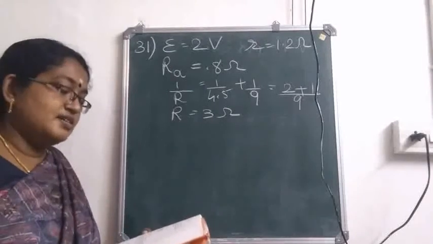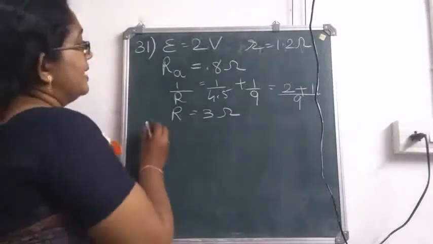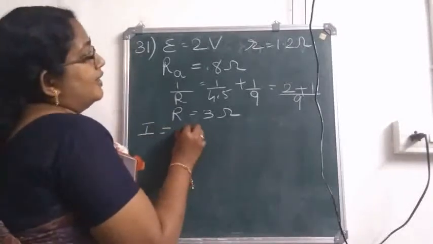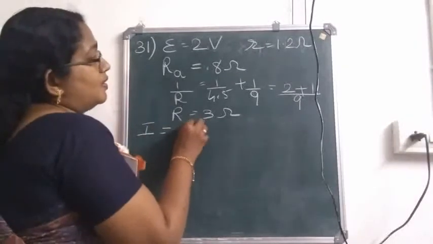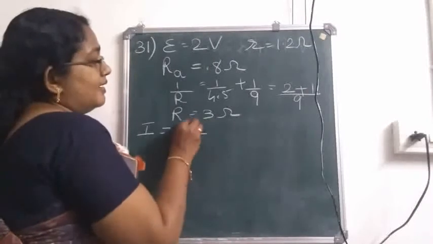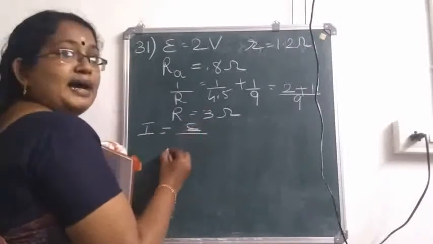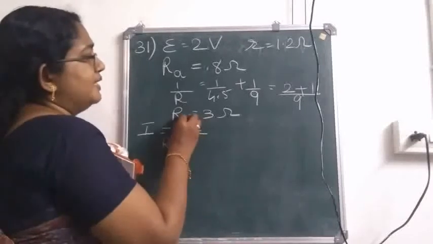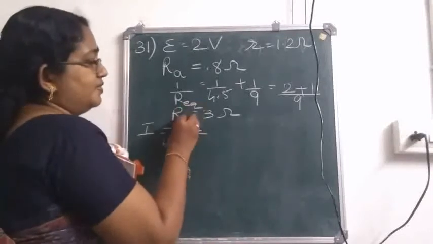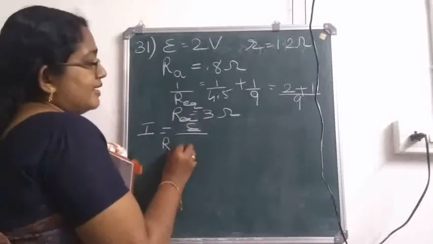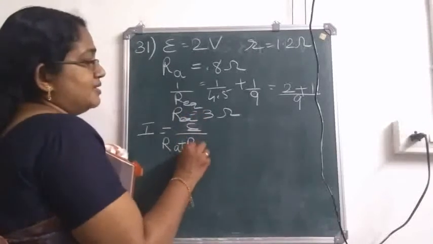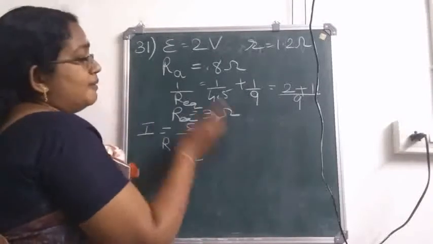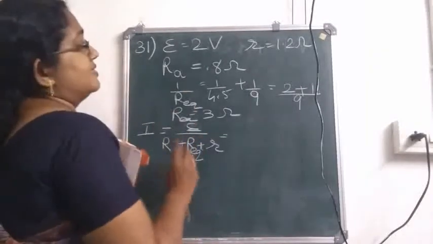Now, what are the things we have to calculate? First thing is the reading of the ammeter. That means we want to calculate the current. Current is equal to epsilon by the resistances. So how many resistances are there? Let this be the equivalent resistance of the parallel connection. So resistance offered by the ammeter plus resistance offered by the parallel connection plus the internal resistance.